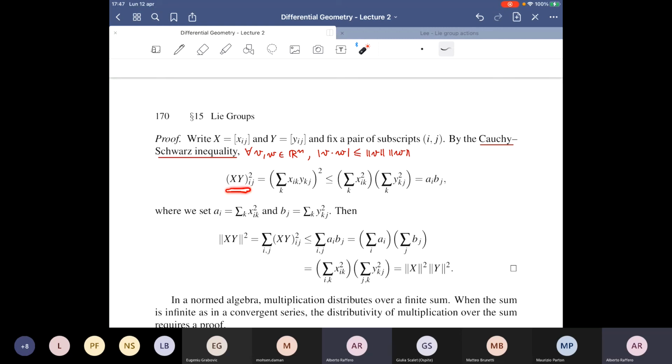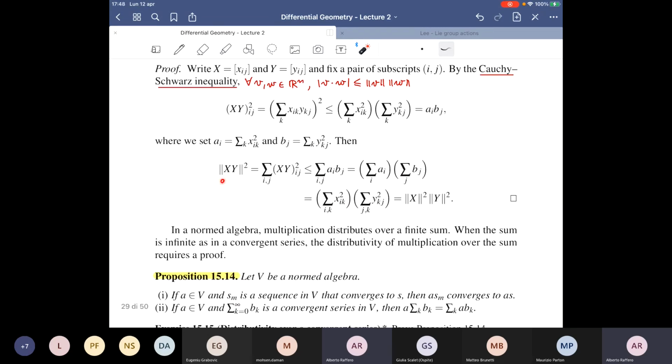You just take the product of X and Y, consider the ij-th component, and you end up with this object, which you can think of as the scalar product of two vectors, given by a row vector of capital X and a column vector of capital Y. You use Cauchy-Schwarz here and get this inequality.